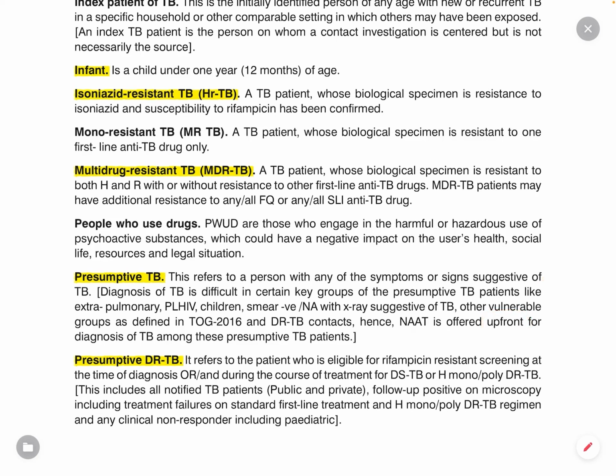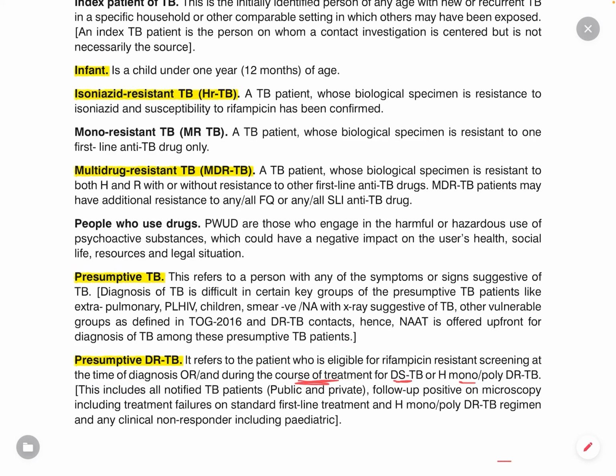Now, presumptive DRTB. Who are presumptive DRTB? This refers to a patient who is eligible for rifampicin resistance screening at the time of diagnosis or during the course of treatment. During the course of treatment, if he is on a drug sensitive regimen and is not responding, at that time also we do NAT.